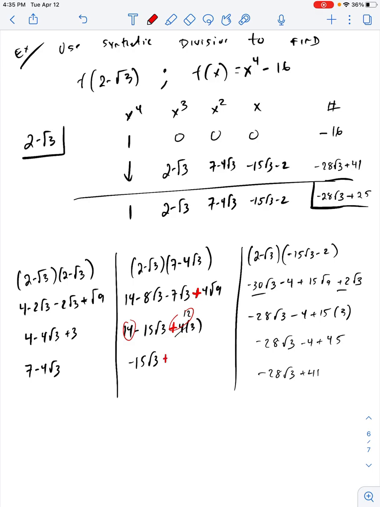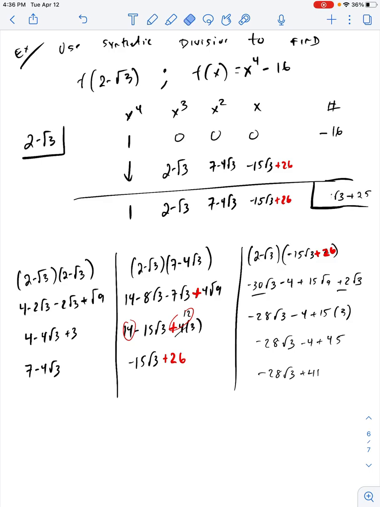So to get positive what? 26, which means up here, it's a positive 26.